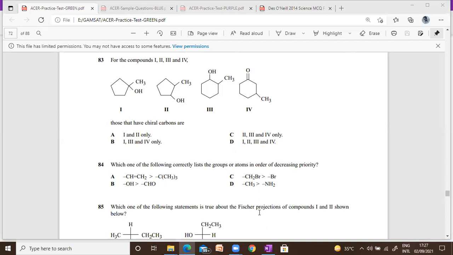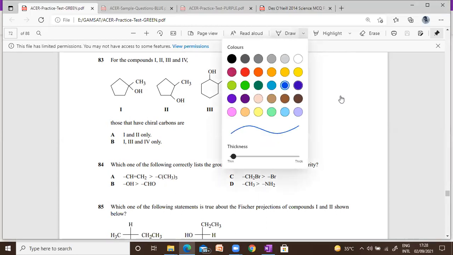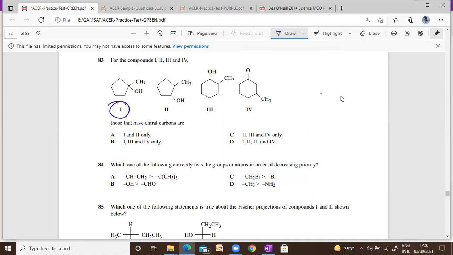Everyone is saying C. As you can see, number one is not chiral, zero chiral centers.